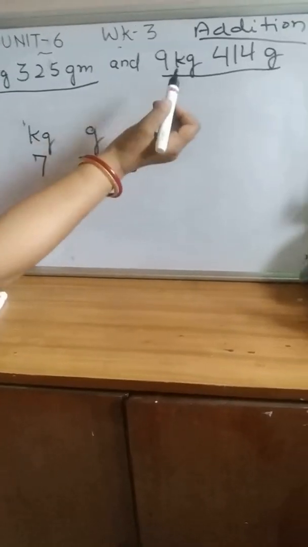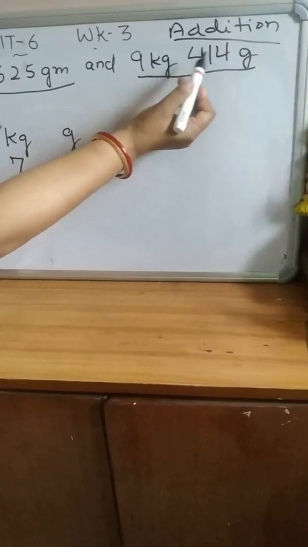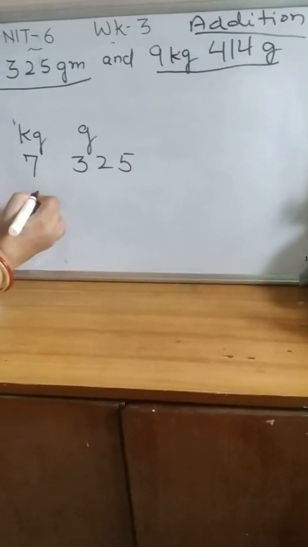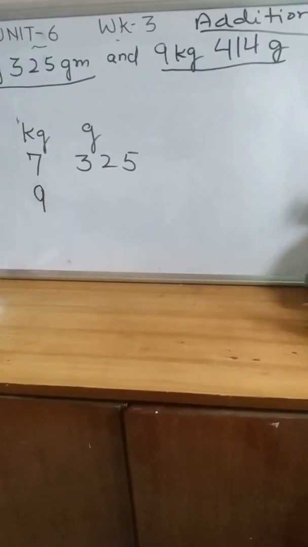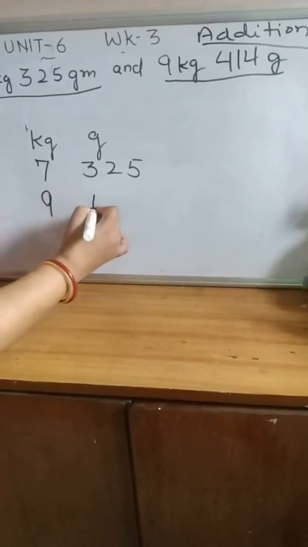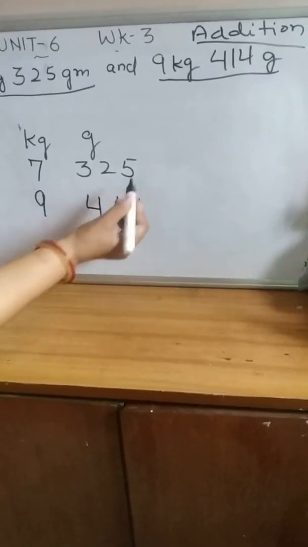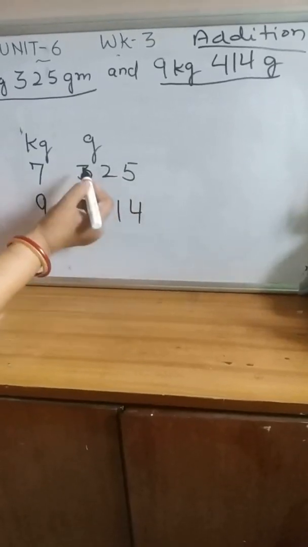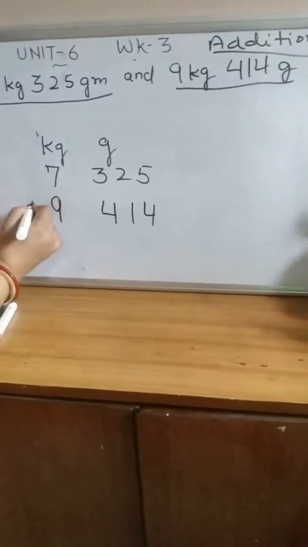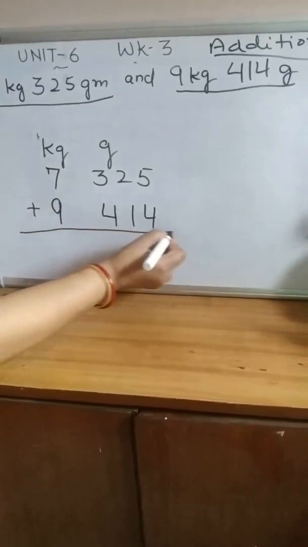Now take the next number, 9 kilogram 414 gram. So write 9 kilogram just below this 7 and 414 just below 325: 4 below 5, then 1 below 2, then 4 below 3. Maintain the correct sequence. Correct?